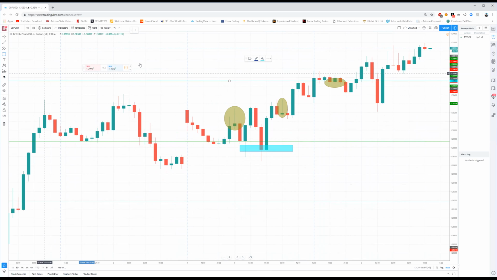So for the top, I would say this bottom wick of this doji right here, I like that a lot because it's also the same level as these two candles right here. So that's 3 different levels, and this one is also very close.